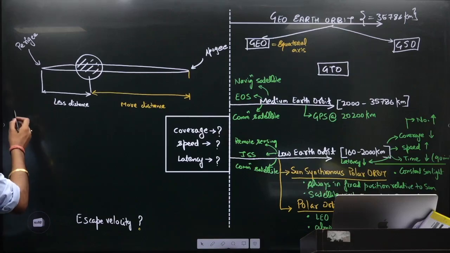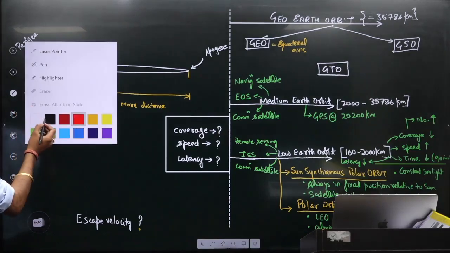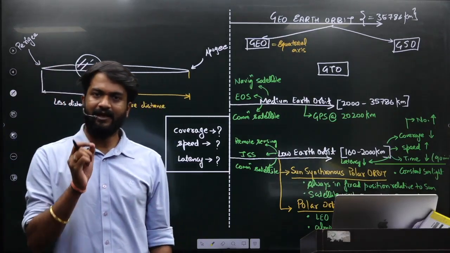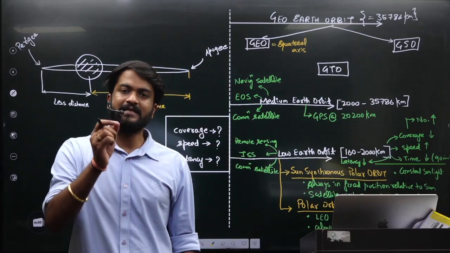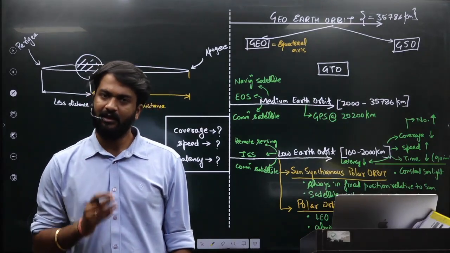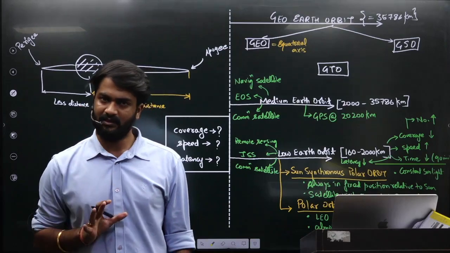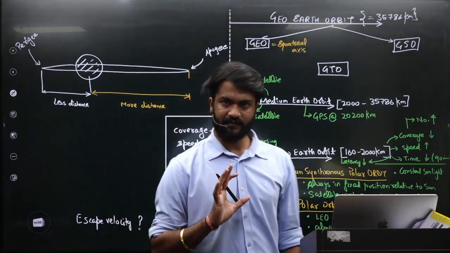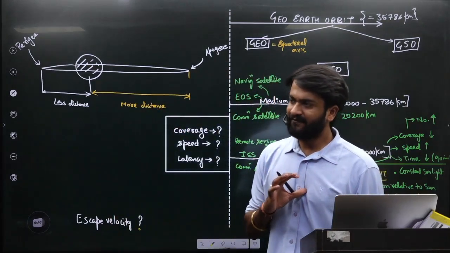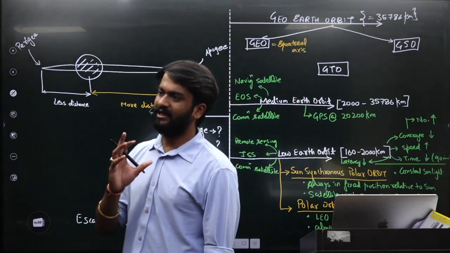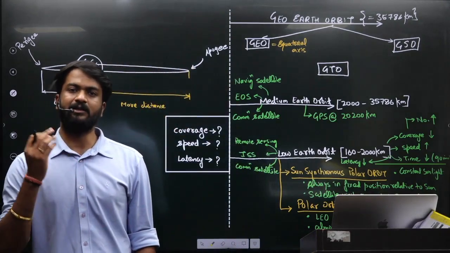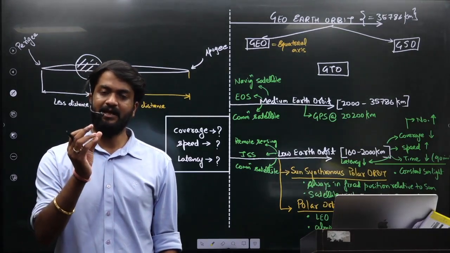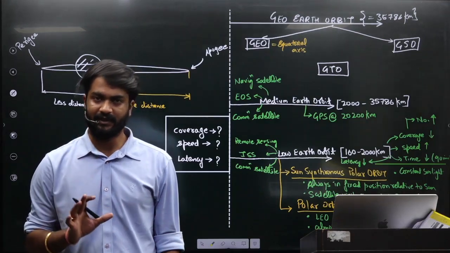When I talk about the orbit of a satellite, it will depend on the speed of the launch vehicle, mainly the velocity of the launch vehicle, and the fuel available with it. Now, if I want the satellite to revolve around the earth, I need to send it with a speed more than the escape velocity.